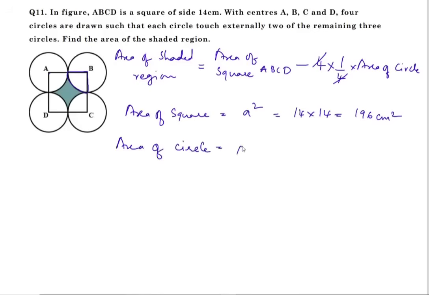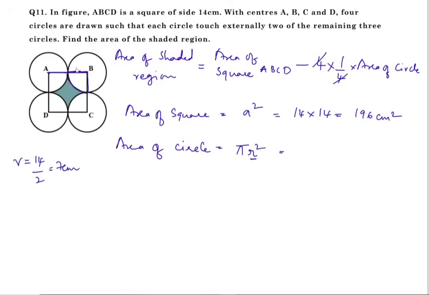Now what is area of circle? Area of circle is pi r square. Repeat with me, area of circle is pi r square. What is the value of r now? Now you can check that AB is 14 centimeter. If you take half of that, we get the radius. Therefore radius equals 14 by 2, which is equal to 7 centimeter.